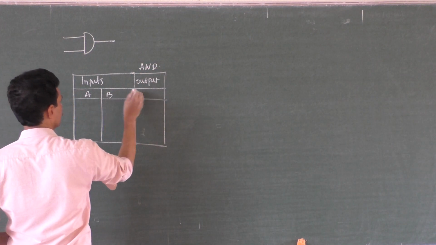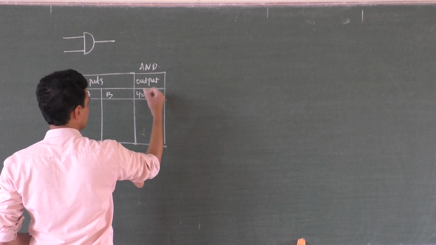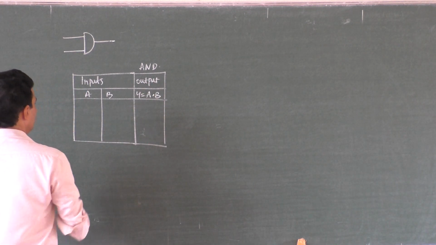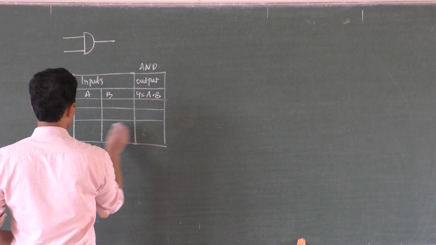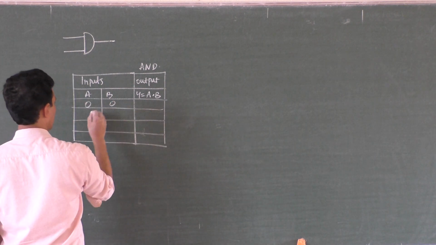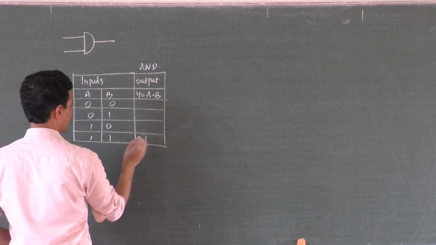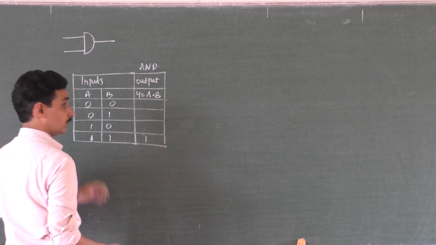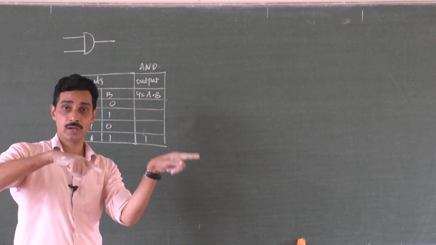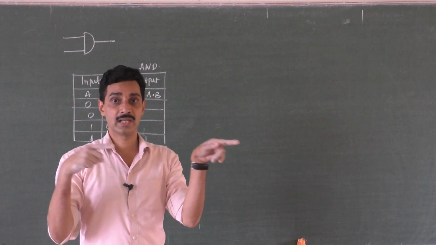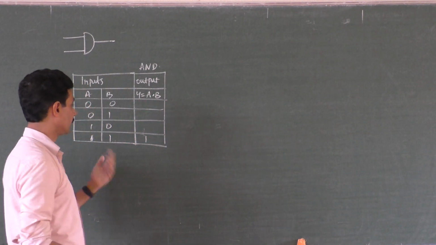A, B, Y is equal to A dot B. All possible combinations 0, 0, 0, 1, 1, 0, 1, 1. Only when both are ones, output is 1. You know that. Only when both the switches are on, you will get the circuit on, because switches are in series. If one switch is off, gone.